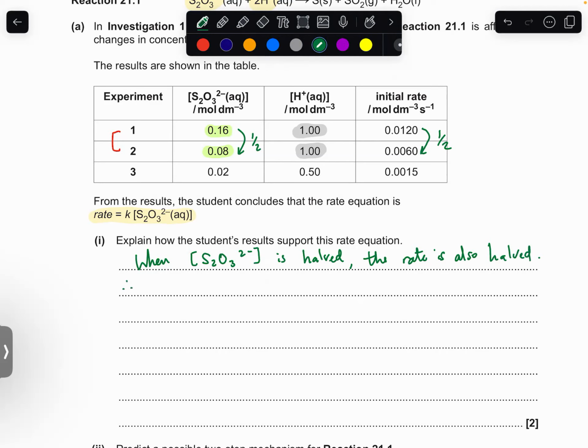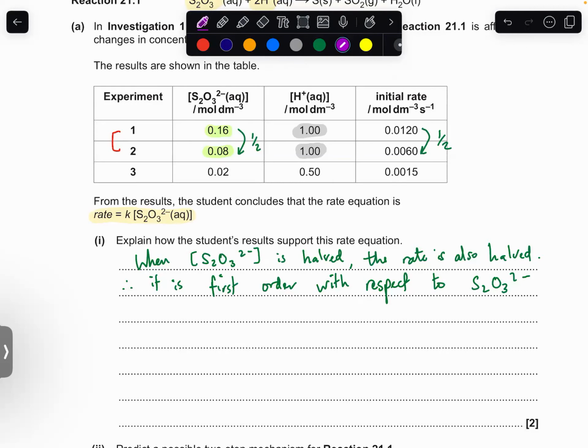Therefore, it is first order with respect to S2O3 2-. That's the first mark. The second mark, we're going to compare experiments.